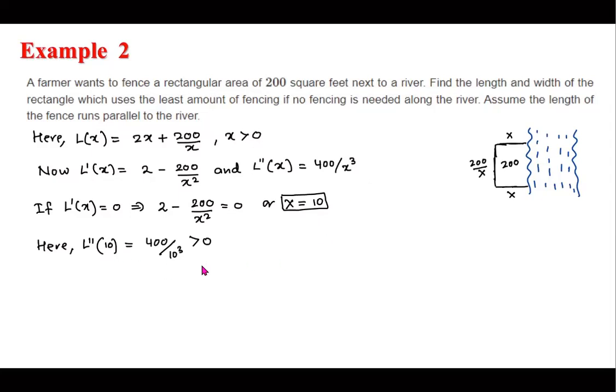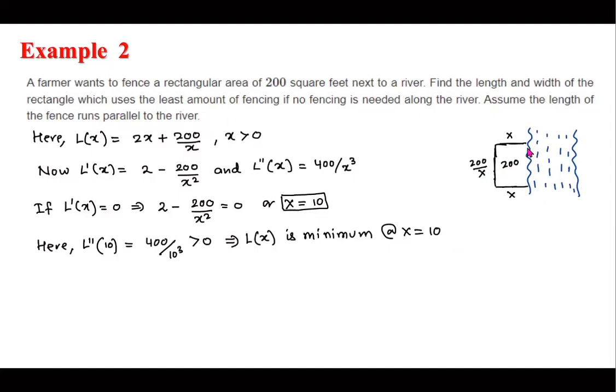So the second derivative is greater than 0, meaning this implies the given function L(x) is minimum at x equal to 10. So if x is 10, then the total length of the fence will be minimum. And the question here is to find the length and width of the rectangle.